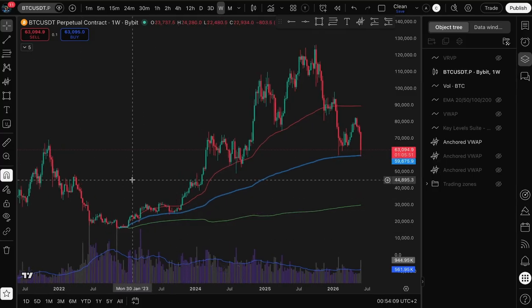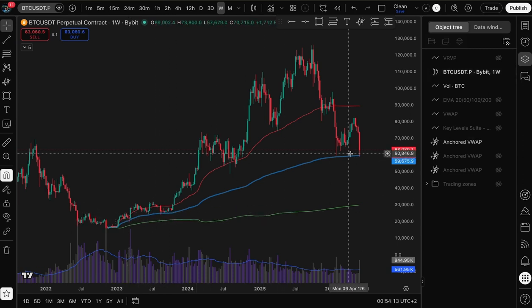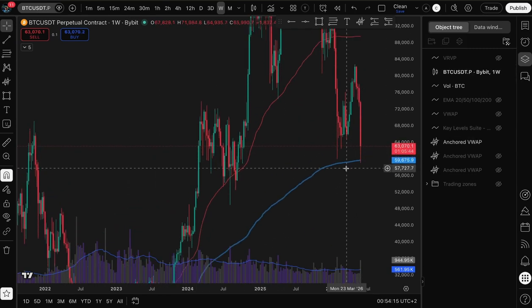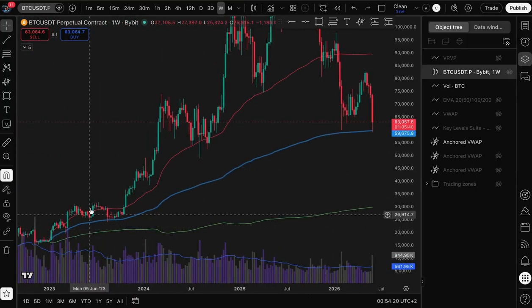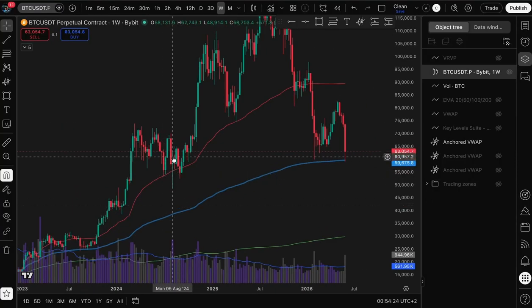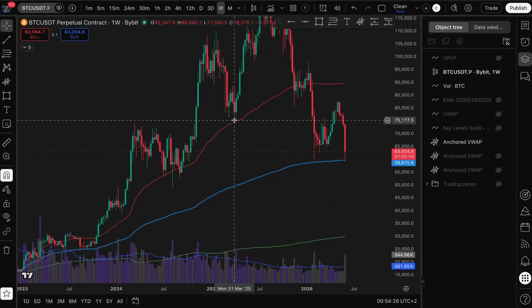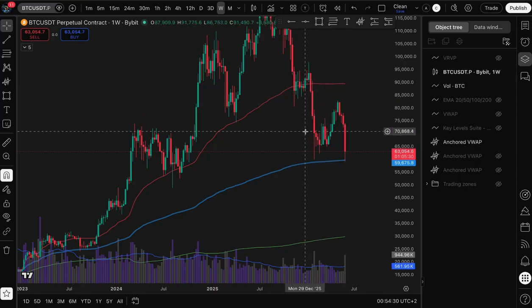But at the same time, you can see fantastic reaction at the VWAP, and also holding the VWAP right here, which is extremely important in my opinion. On the whole uptrend, we saw price holding above VWAP, some failed acceptance below here, holding above VWAP, and some drop around here before it broke down and found this new range, as you all know.